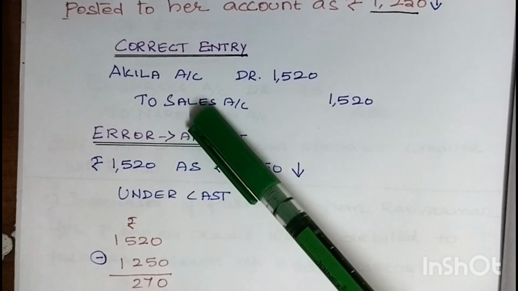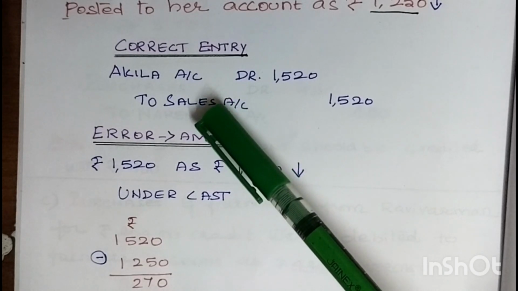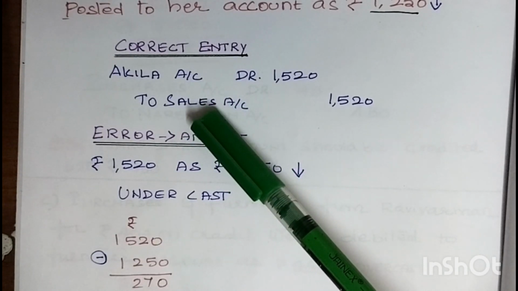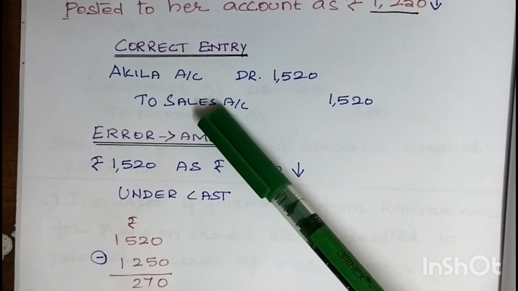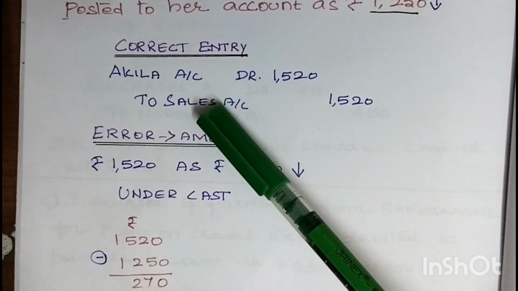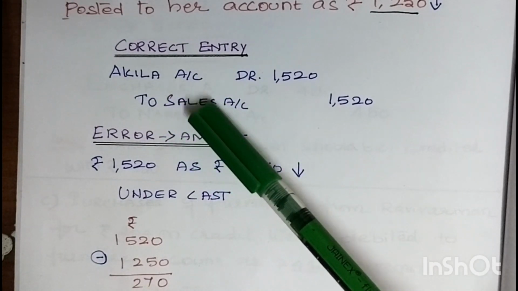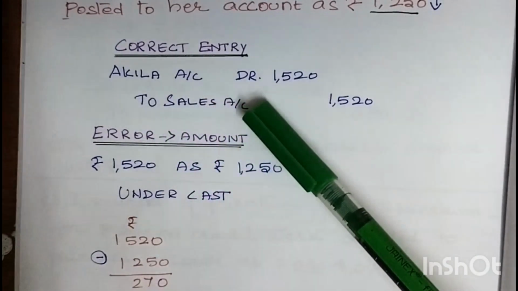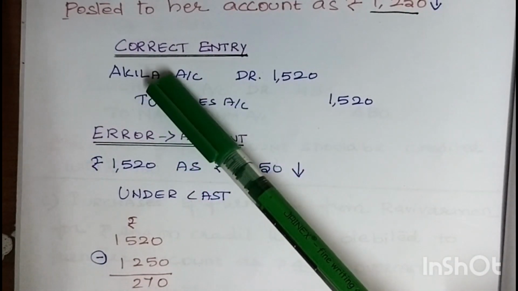Whenever you sold goods, the sales account is credited, because whenever you made sales in your business, your revenue increased. Whenever revenue increased, you credited the revenue account, right? So sales account is to be credited. Who is the receiver?